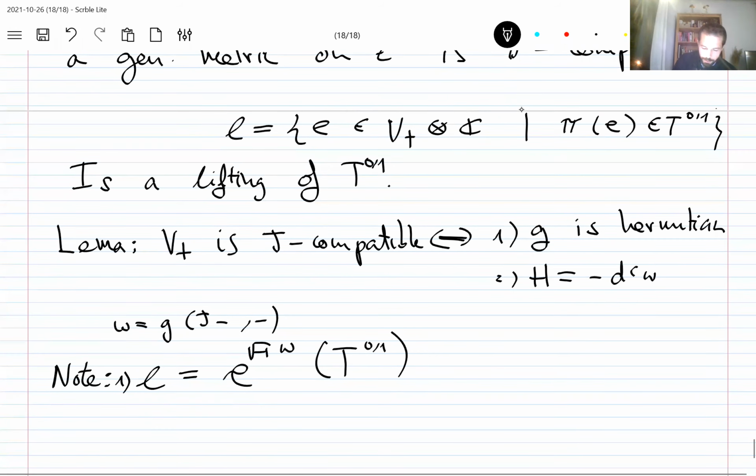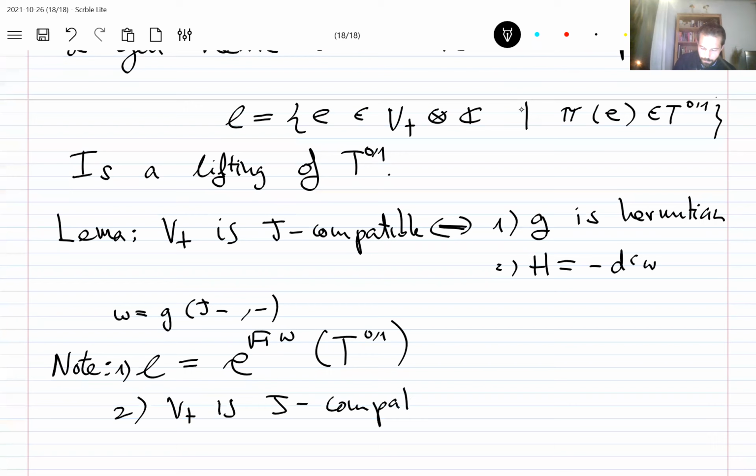The second comment is that if B plus is J compatible, then G is pluriclosed.